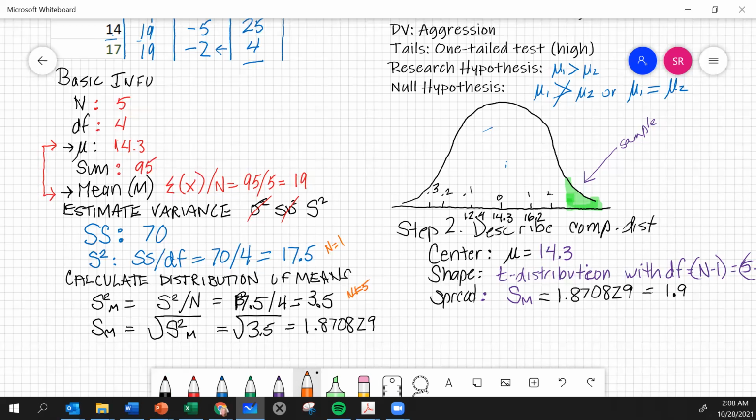Okay, so our next step then, we're almost through, is to determine the cutoff point. And we do this, it's going to be a little different, remember, here.